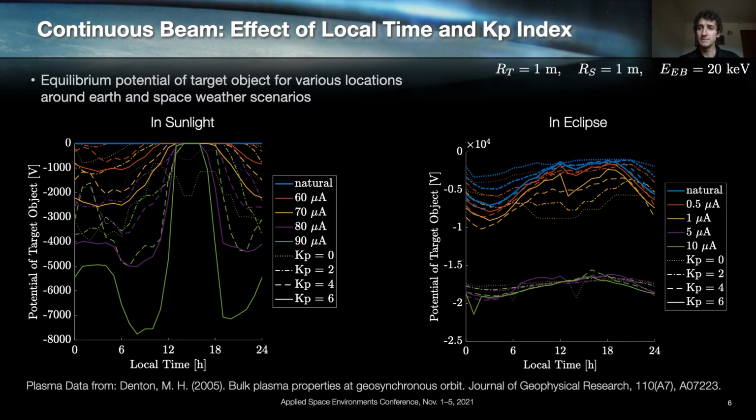And even with really small currents of just a few microamps, we change the potential of the target object significantly if we emit an electron beam onto it. Using an electron beam current of, for example, 10 microamps will change the electric potential from negative 5,000 volts, which is the natural potential, down to negative 20,000 volts.